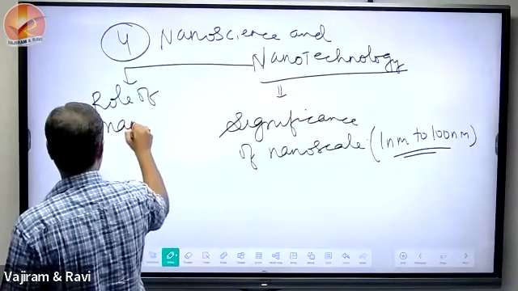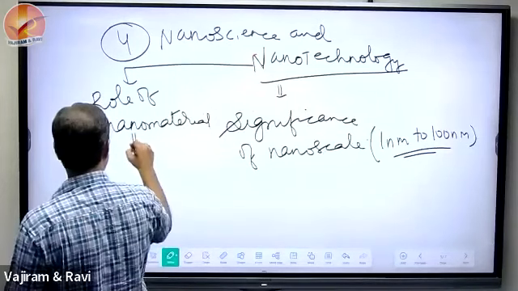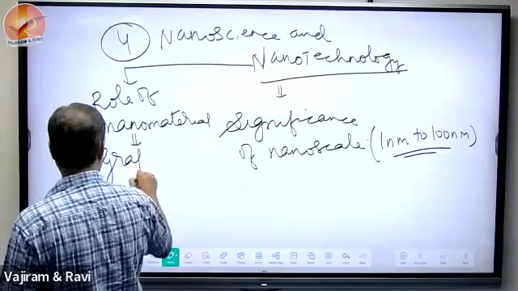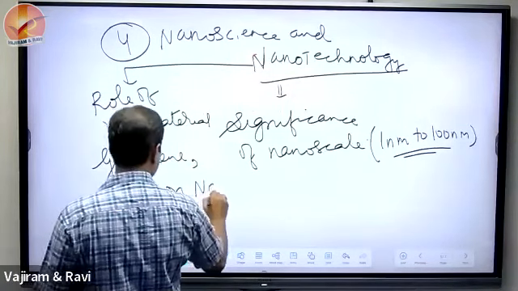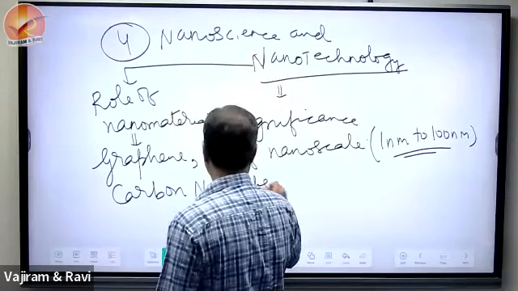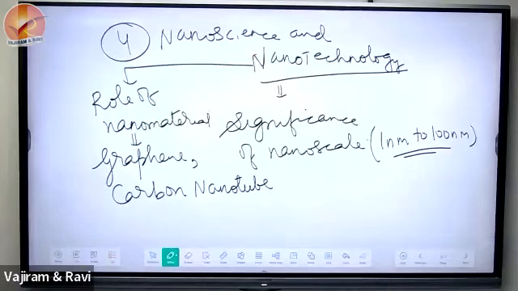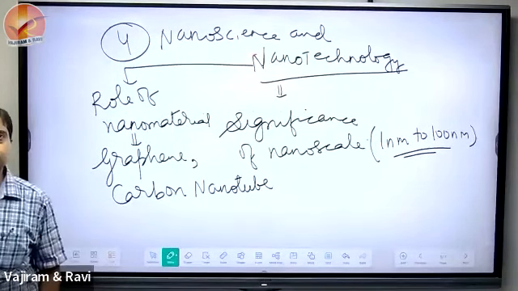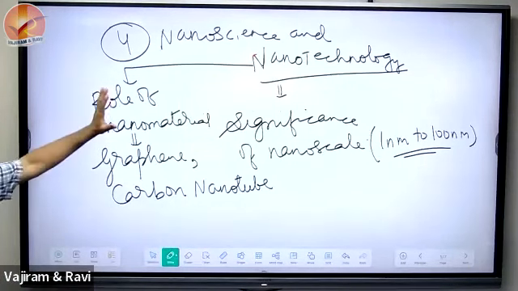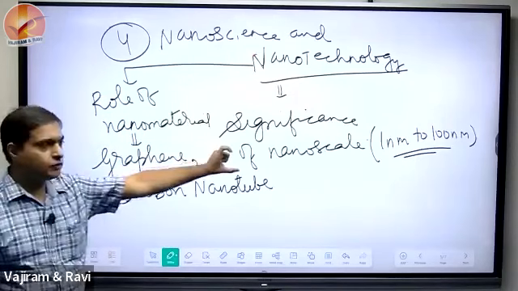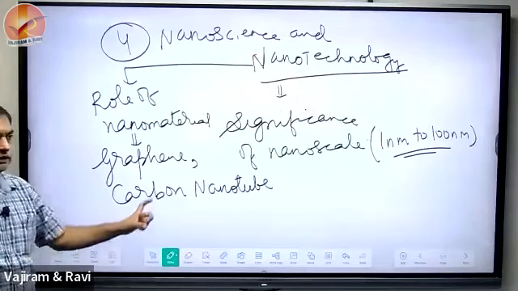Then the role of nanomaterials, including graphene and carbon nanotube. So in nanoscience and nanotechnology, one is the significance of nanoscale and the role of nanomaterials, graphene and carbon nanotube.